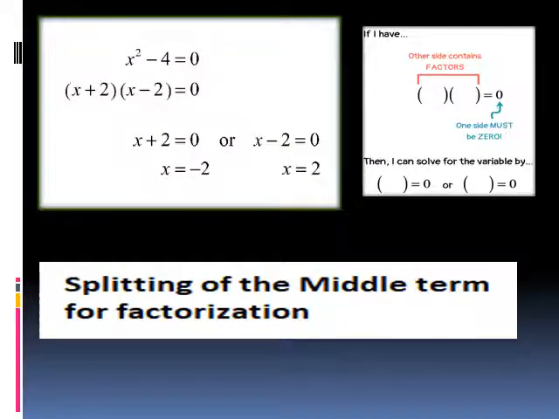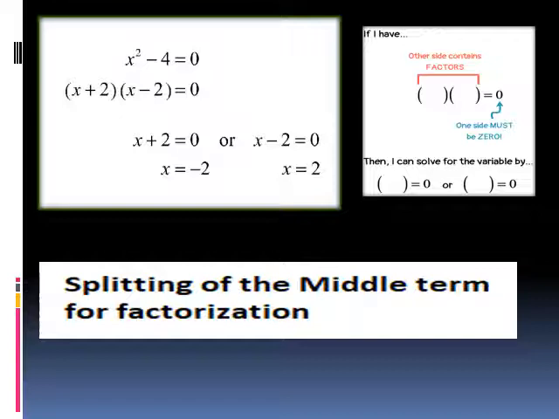Let's see another example on factorization of a quadratic equation. Consider x squared minus 4 equals 0. If you notice, it resembles a squared minus b squared. So we use that identity to factorize the polynomial. Hence, we have on the left hand side x plus 2 into x minus 2 equals 0.